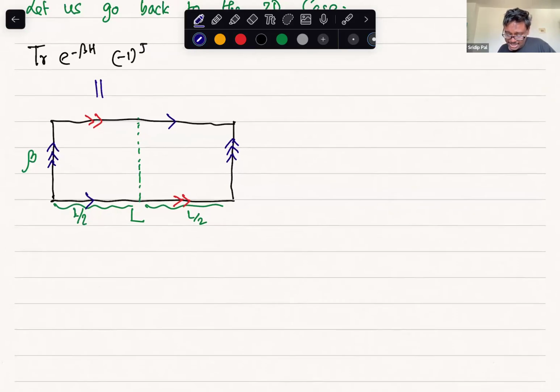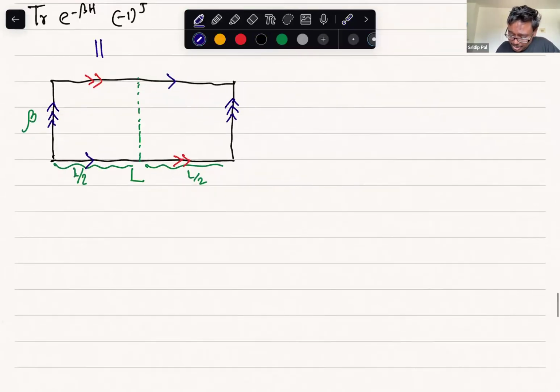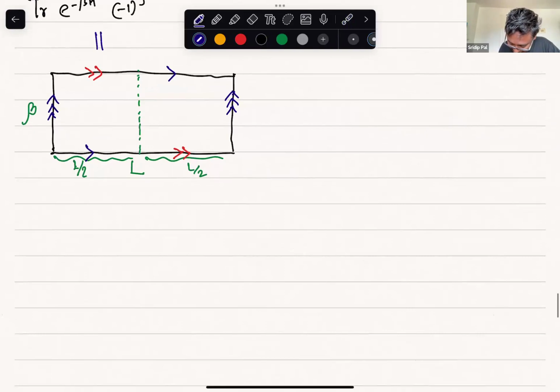Now we have two pieces where these two red things are identified. Because there is a notion of locality in the path integral, I can just cut off these two pieces and take this piece and stack it on top of the other, because this thing is identified with this thing, so this procedure is allowed. If we do this gymnastics with the pictures, we will get something like this.